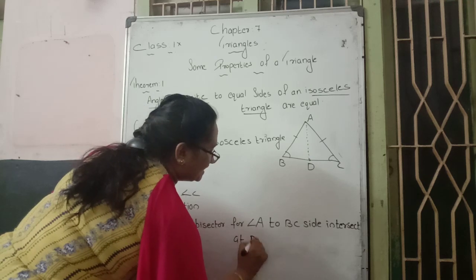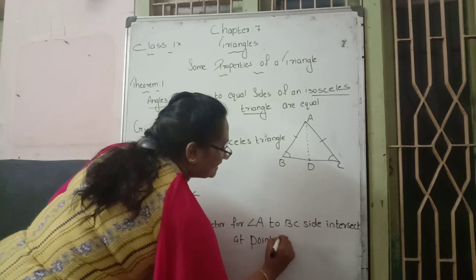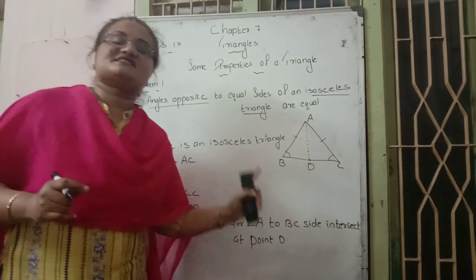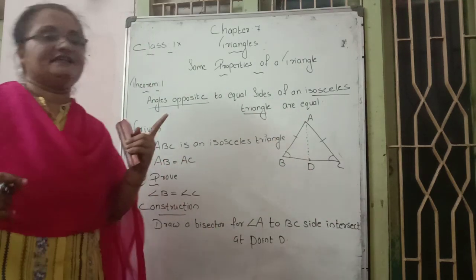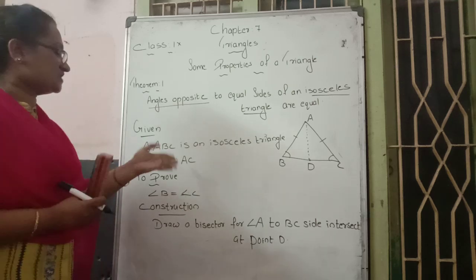Point D. That perpendicular bisector intersects the BC side at point D. These are the constructions. So 3 steps are complete.